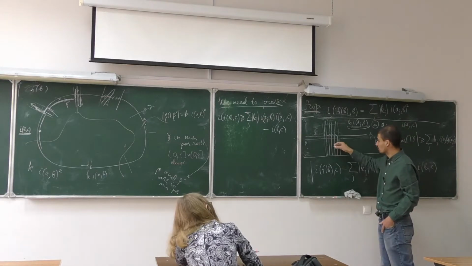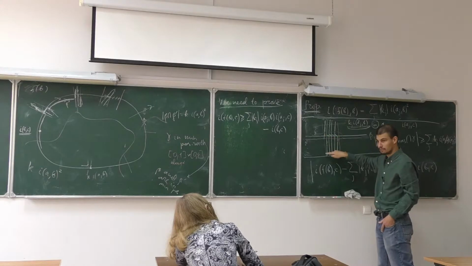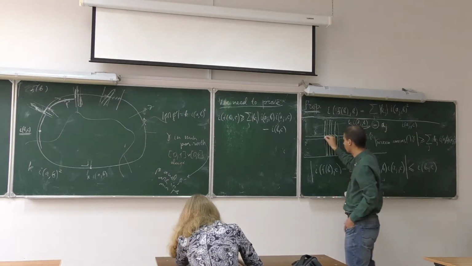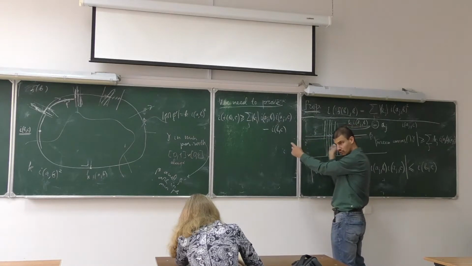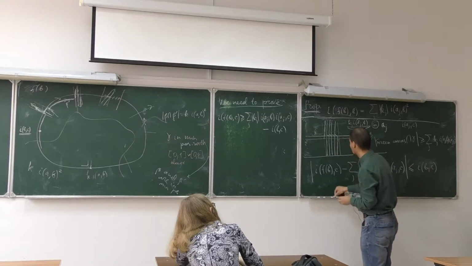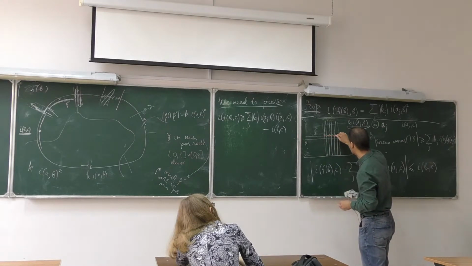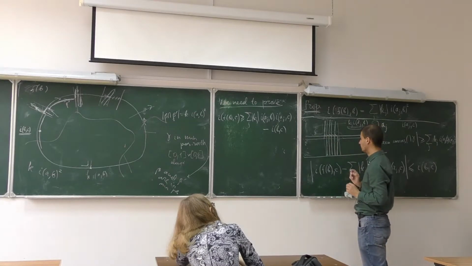These green curves together constitute part of beta prime. This is not the whole beta prime. Beta prime always has these arcs between strips, but the green curves are part of beta prime, and also part of beta.